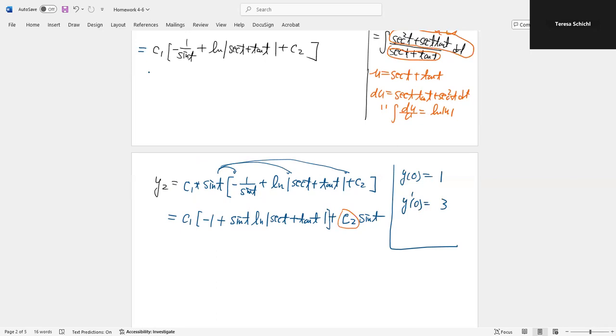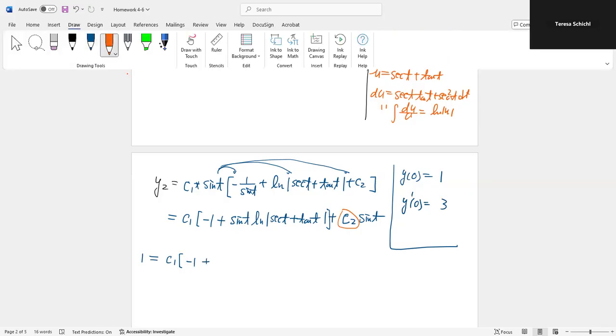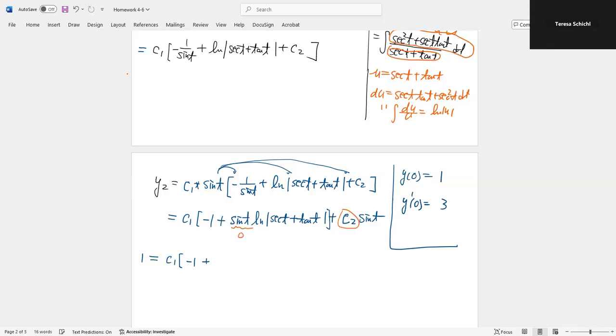So y(0) equal to 1, so 1 is equal to C1 times... you put every zero there, so this will be -1 plus, because sine t here is zero, then secant t at 0 is 1, plus tangent 0, so naturally it's 0.